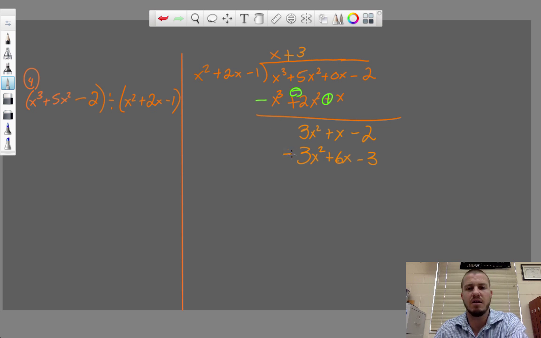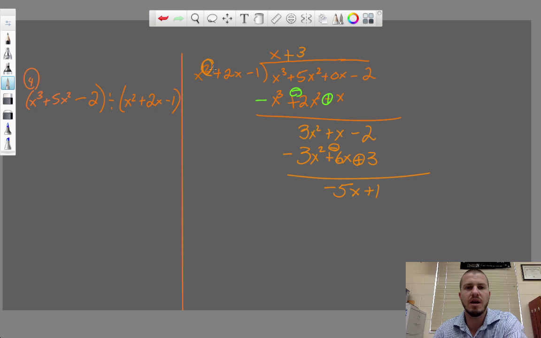I'm not going to change my color this time. That becomes a negative. This becomes a negative. A lot of times I'll write it up here, but I'll circle it because that's the sign I want to use. And then this becomes a positive. So then from here, combine my terms. These cancel out. X minus 6x becomes -5x. -2 plus 3 becomes +1.